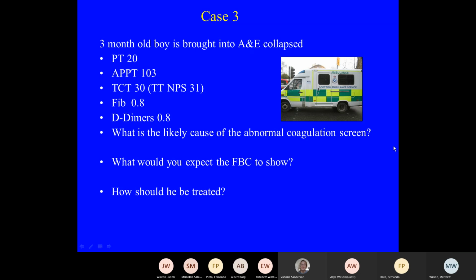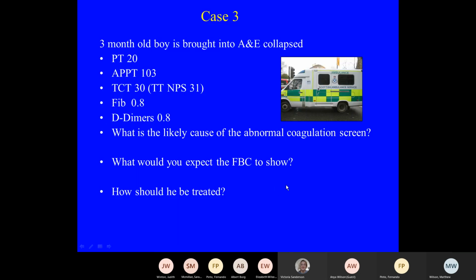So this is an unwell child who has all of the coagulation screening tests off. So this is the one that you think, next slide, you think of the meningococcal sepsis, you think of DIC, which is probably the most likely explanation in this case.